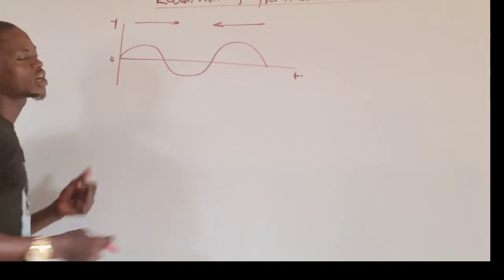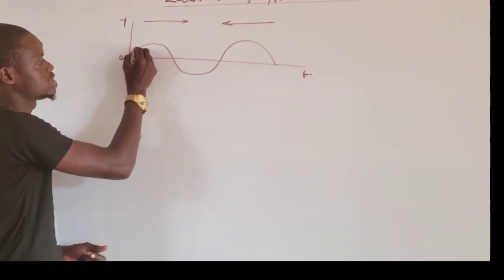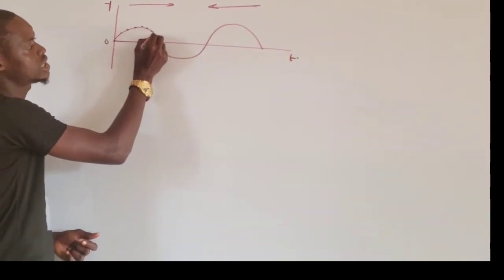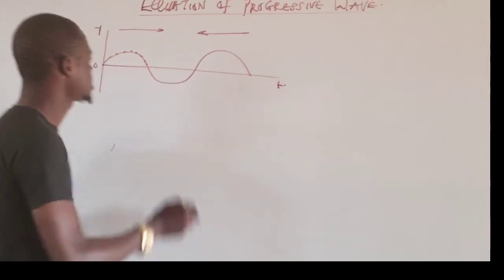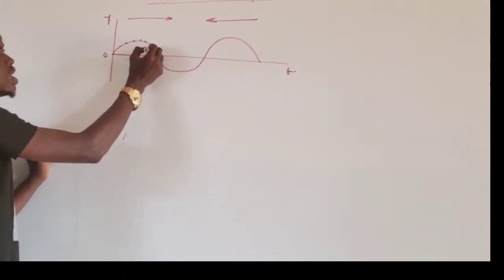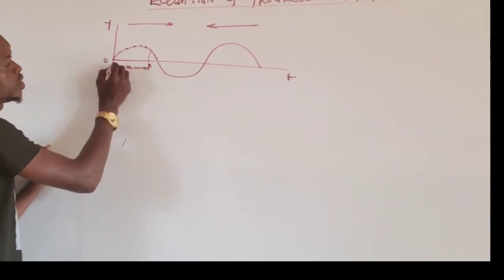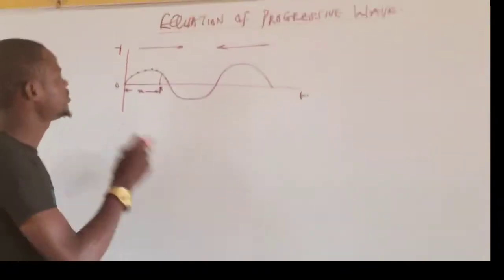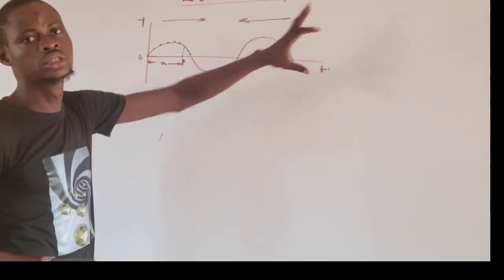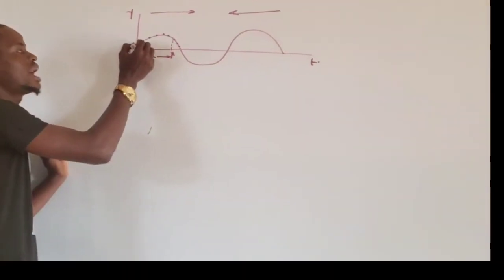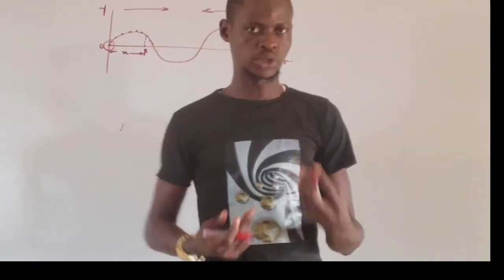Assuming I have a particle located at different points on the wave profile, let's say at this point here I have a particle P that is located at a distance of x from the origin. If the wave is moving from the left-hand side in this direction, then the particle at the origin tends to be displaced first from its initial position.